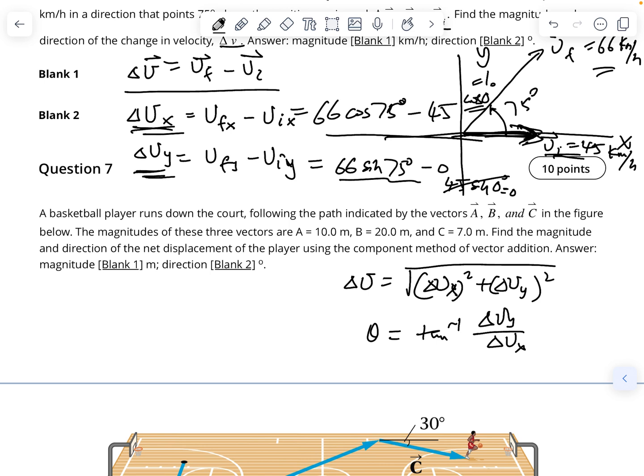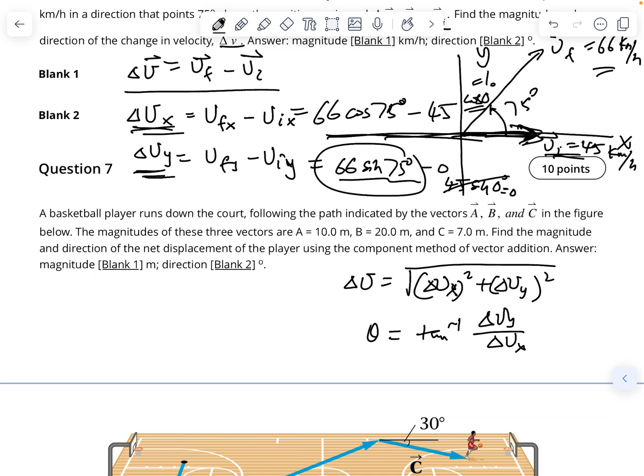You look at the difference. Okay, delta vy is positive, right? Delta vx will be, let me see, this one, 45, 66. Well, actually, this will be negative. Let me calculate.